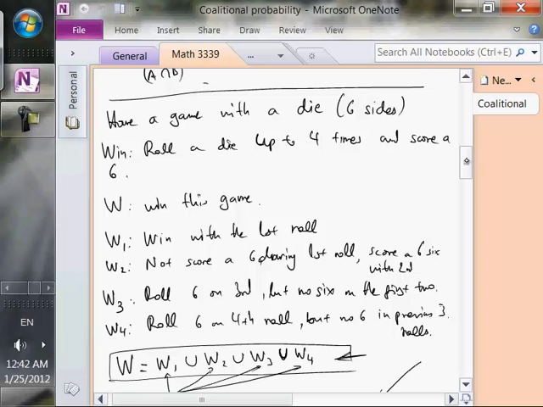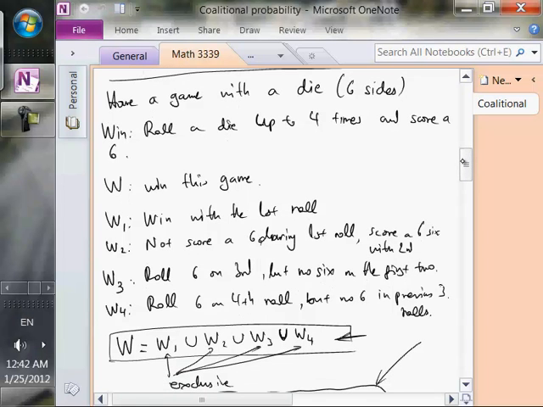There are actually several aspects that I kind of lost during the initial presentation in the class. We have a game. Let's repeat the problem. We have a game with a die. We roll the die. The die has 6 sides, and we can roll the die up to 4 times.